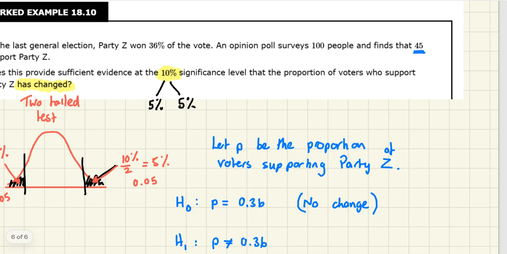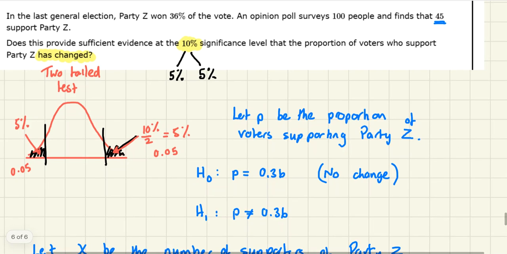We're testing whether 45 people is a significant enough change from 36 people. Yeah? Because it was 36. That's the independent variable that changed during the testing. So 36% of the vote, well, that would be 36 if it was 100 people, but a general election is more than 100 people, but it would be 36 out of 100.